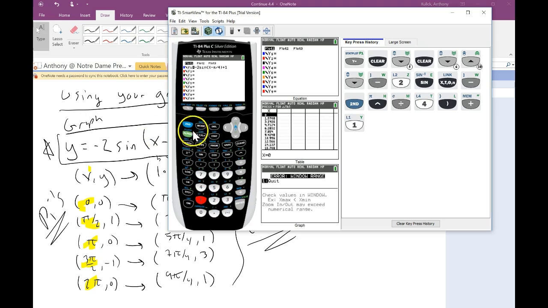So notice, to type this out, the sine button is right here. The variable button for the x is right here. To get the pi, I press second, and this caret up button right here. And their calculator doesn't have a fraction-specific button, so you just use the division bar. To do pi over 4 is just going to be pi divided by 4.